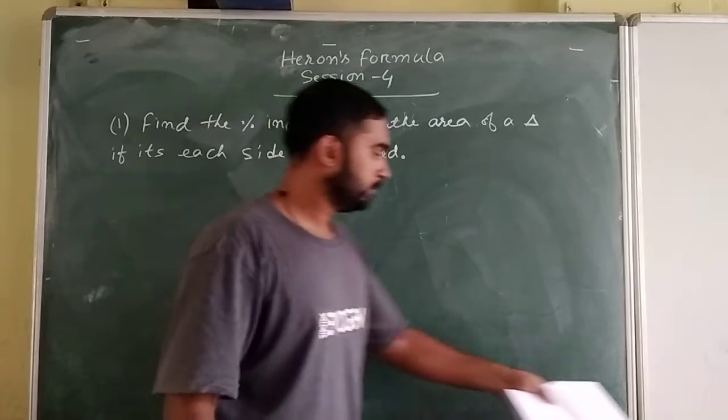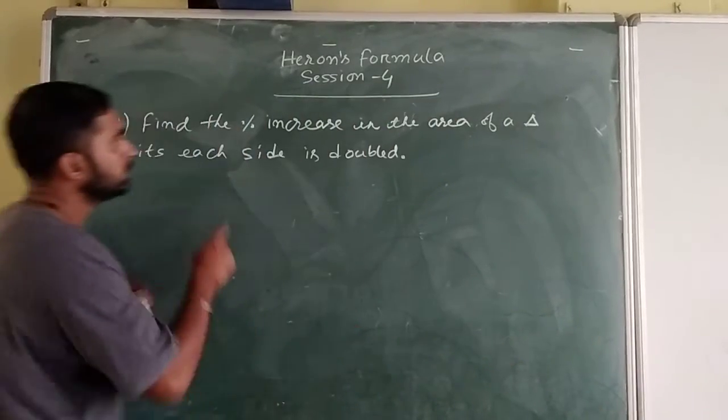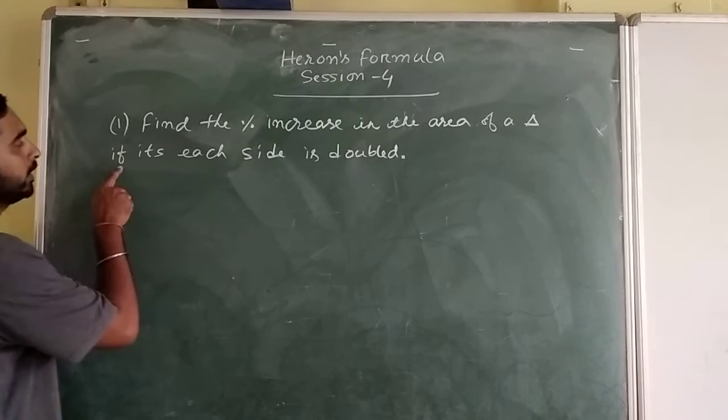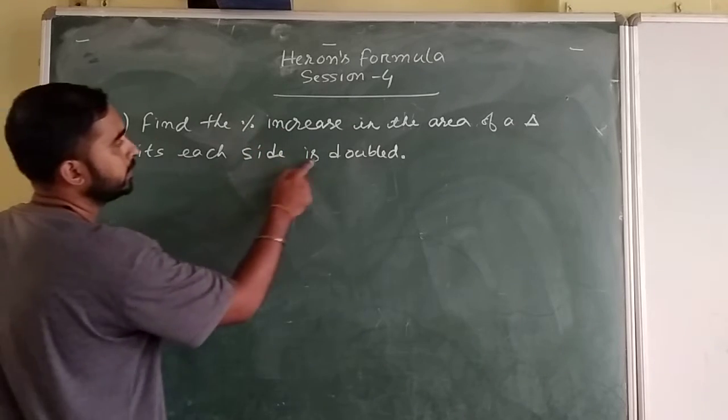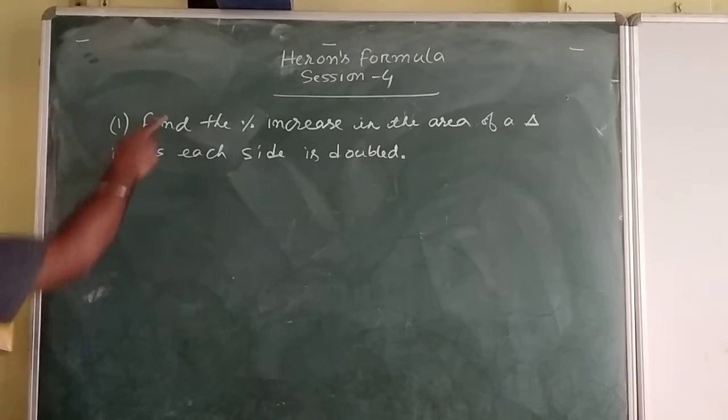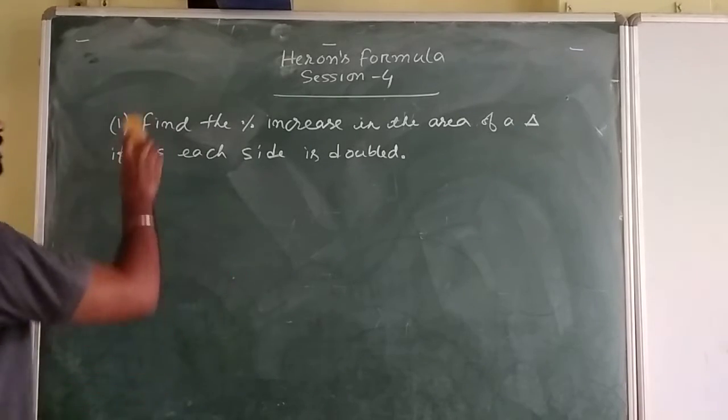Now this is the question. Find the percentage increase in the area of a triangle if each side is double. Write down the question now.